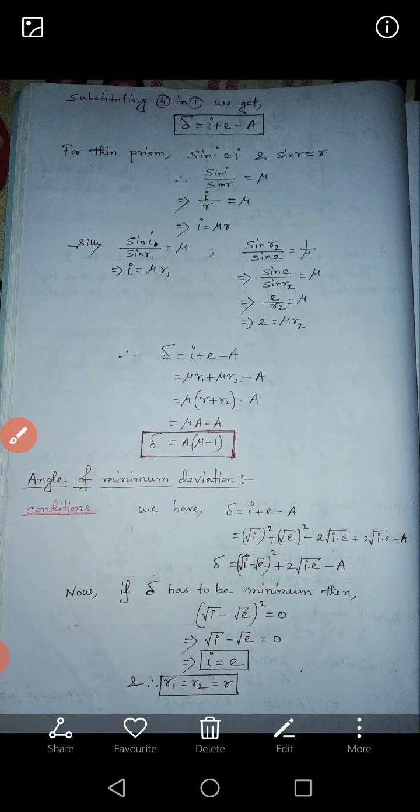R1 and R2 will be the same. If it is the same, then remember the part of the light which is inside the prism becomes parallel to the base. If this line becomes parallel to the base, then automatically I will be equal to E and R1 will be equal to R2. So I hope this part is clear.